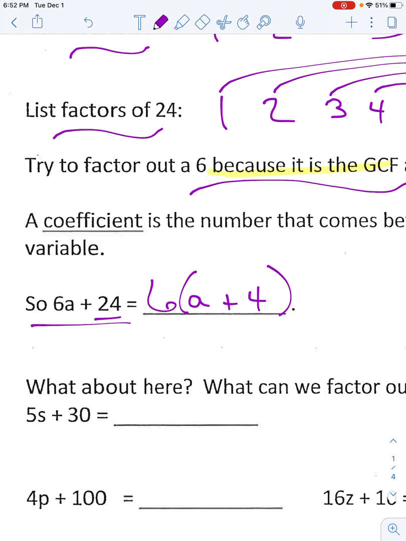Eventually, these problems are going to get a lot longer. The signs are going to be positive, negative, fractions, decimals. You need to redo the problem by doing 6 times a is 6a. 6 times a positive 4 is positive 24. Make sure this answer matches that answer. It does, so I know that I factored it out correctly.